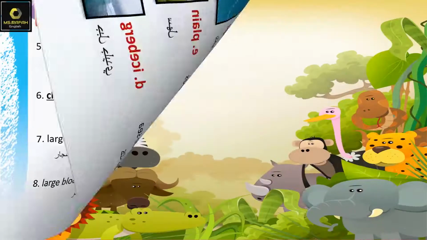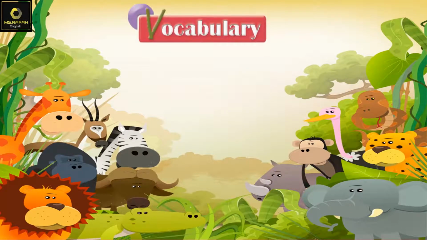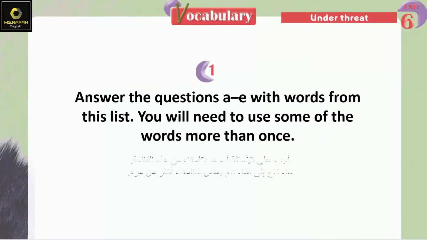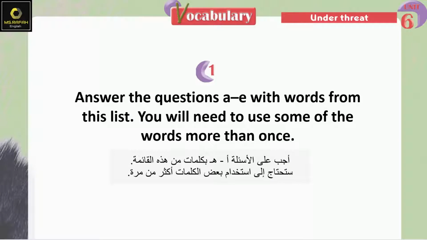Now let's move on to vocabulary. Animals. Question 1. Answer the questions A to E with words from this list. You will need to use some of the words more than once.